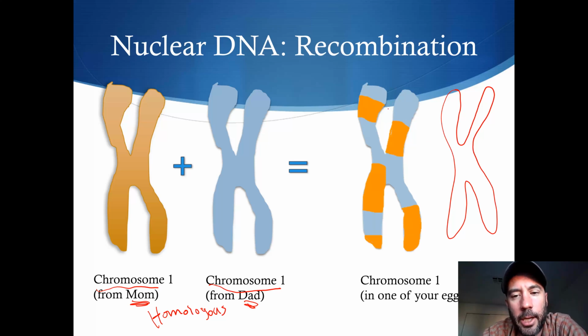But just to demonstrate what happens, it swaps pieces. So here you get a piece from your mom, here's a piece from your dad, piece from your mom, piece from your dad, piece from your mom, right? So it's like shuffling a deck of cards. And each time it shuffles, you're going to get a different combination because it's random.